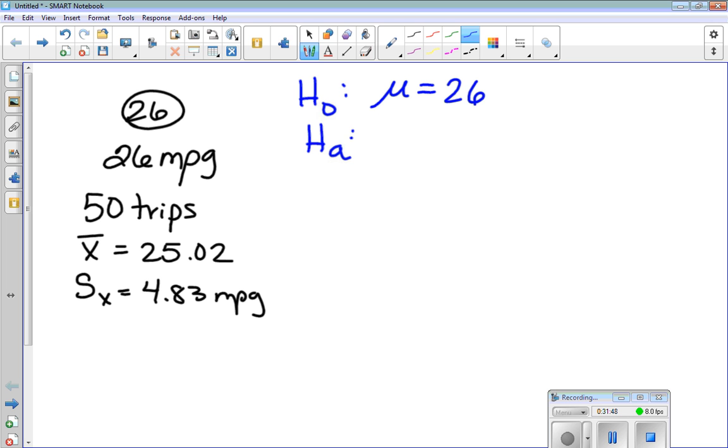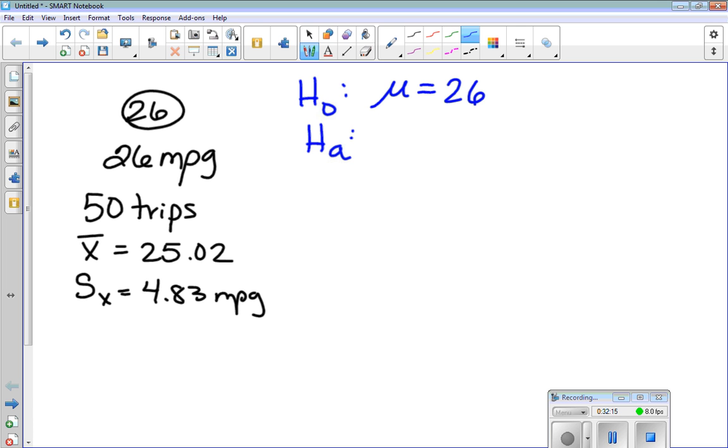Okay? What's the alternative? Is it a one-tailed or a two-tailed test? Let me read the question again, because isn't there wording in the question that helps us make that decision? All right, so 26 says, is this strong evidence that they failed to meet their goal? So I love what Charlie just said. He said, could I say in the null hypothesis that the goal has been met?